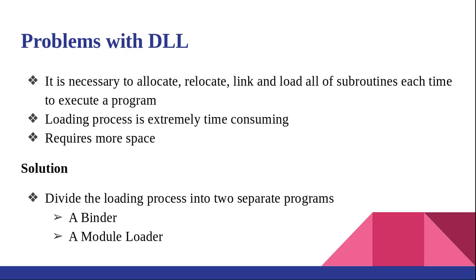So it is very much time consuming. And one more thing is, even though the loader program is smaller than the assembler program, it requires more space in the core memory. So how can we avoid this?